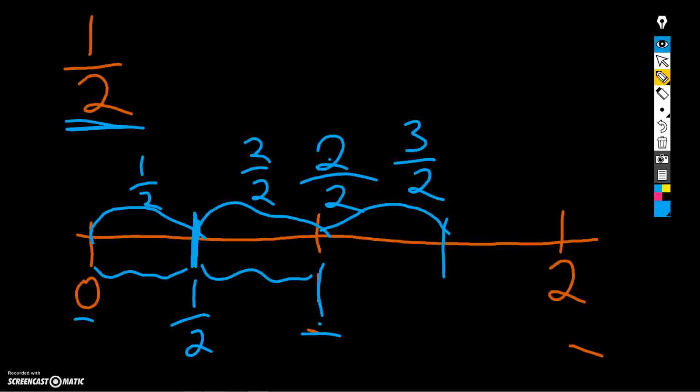Or we could start over right here at 1, so we have 1 whole plus another half, so we can write that as a mixed number as 1 and 1/2. Right, now this looks a little confusing, a little strange, but just think of it just like rectangles. It's no different.